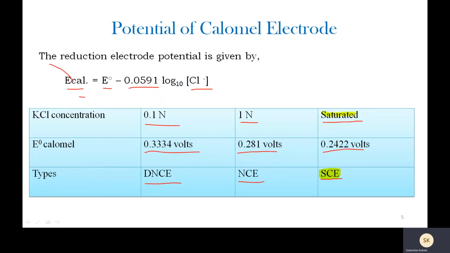If the potassium chloride solution is 0.1 normal, the electrode is known as the decinormal calomel electrode. These are the three different types of the electrode and their reduction potentials.